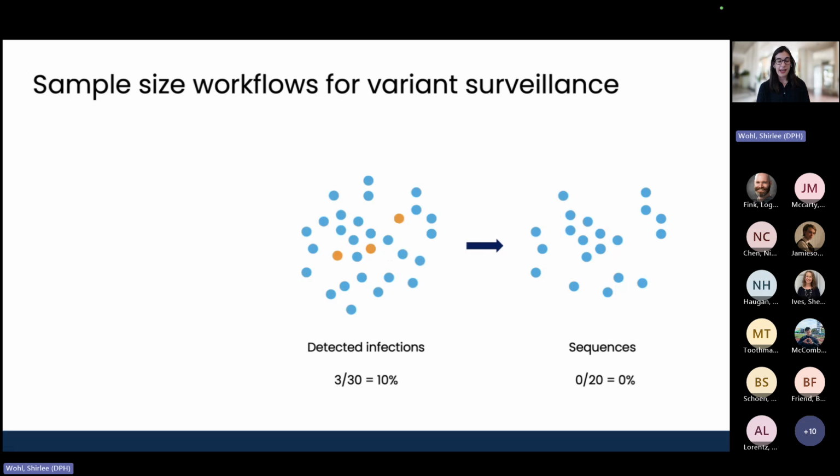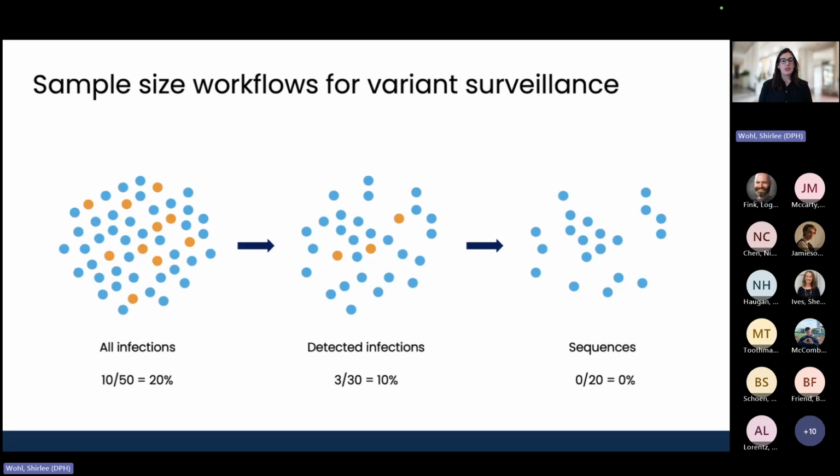So something that I have worked on in the past is thinking about what happens upstream of your pool of detected infections. So what's upstream of what you have in the lab that you could actually sequence and look at, which is your whole world in your population, whether you've defined that as Virginia or the whole country or a specific hospital, it's all the infections that exist.